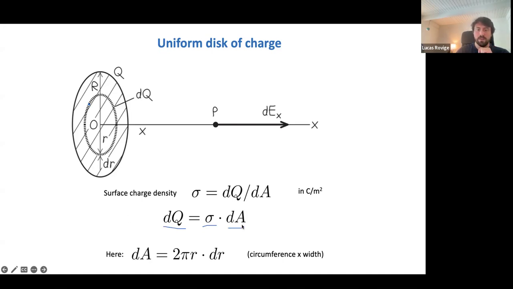And here, the small dA of this small ring of width dr is going to be 2πr, so the radius here. So 2πr is going to be the circumference of this ring. And so if we multiply the circumference with the width dr, we get the area of this small ring.